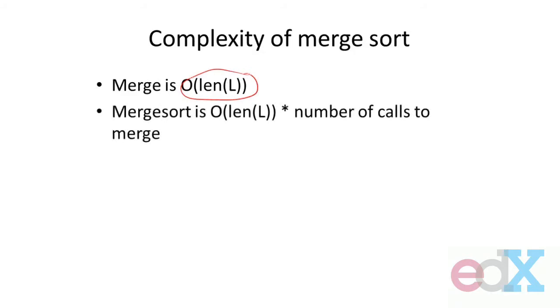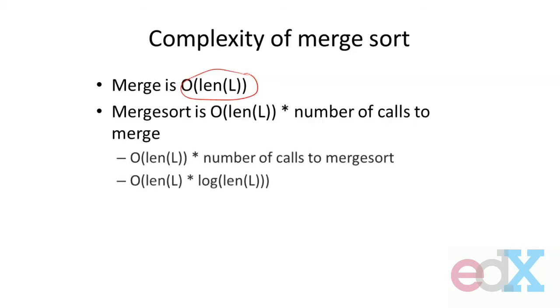What's merge sort? Well, it's going to be a combination of a linear in the length of the list times the number of calls to merge. Right? We just saw that with merge sort. We have to go through the list to do merge sort on the two sublists twice. Okay, so we're doing a merge sort on two sublists. How many times do we call merge? Well, that's the same as the order of the length of the list times the number of calls to merge sort.